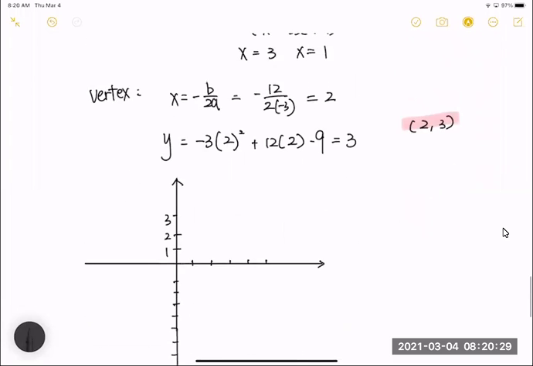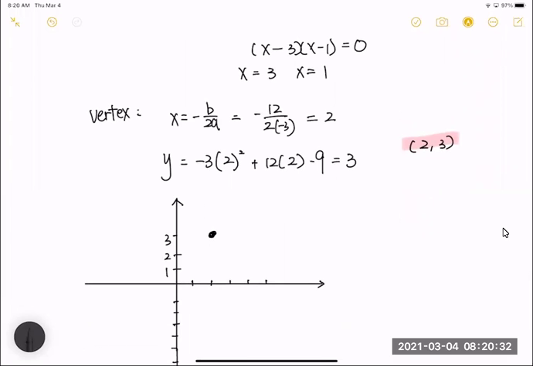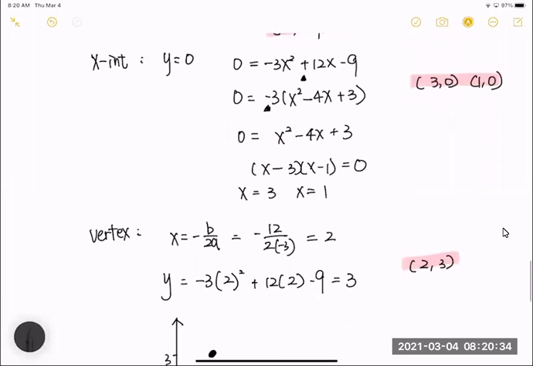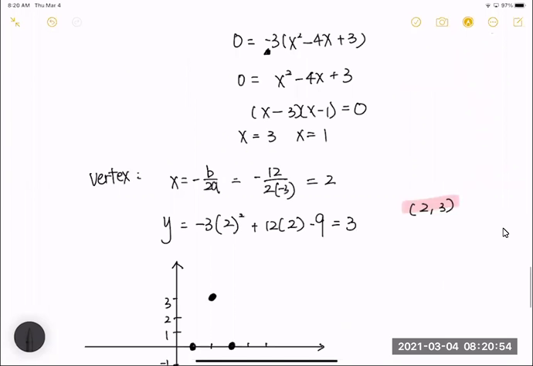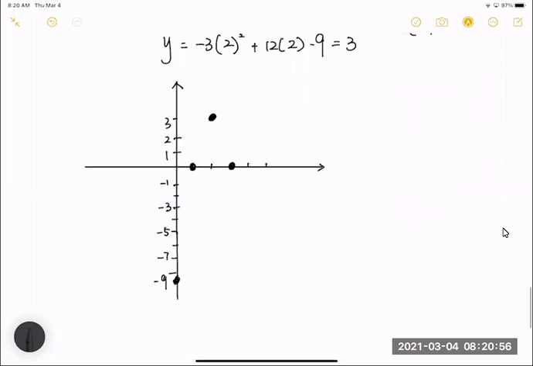So we have 2, 3 for the vertex. The x-intercepts are 3, 0 and 1, 0. The y-intercept is negative 9, which is here, and we know that the graph opens down, right? So it would be an open down parabola. So the graph should look like this one. Okay, so that's it for today.